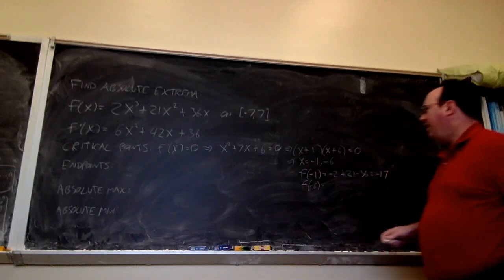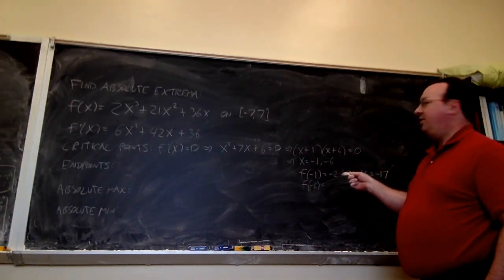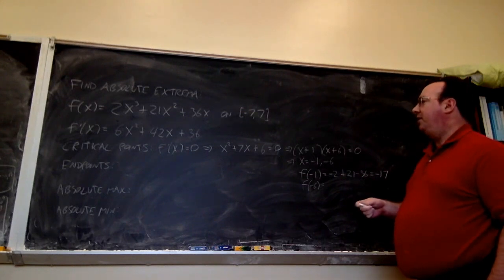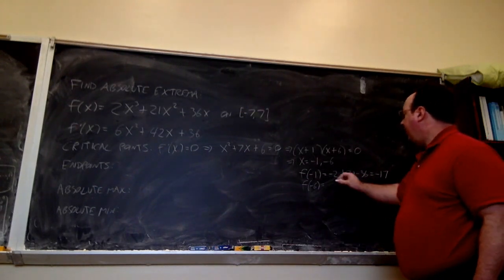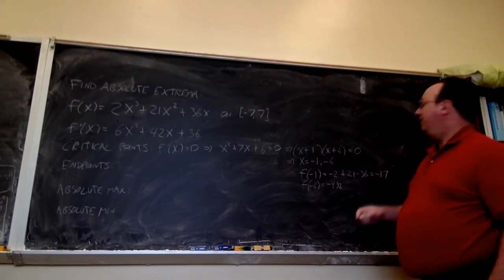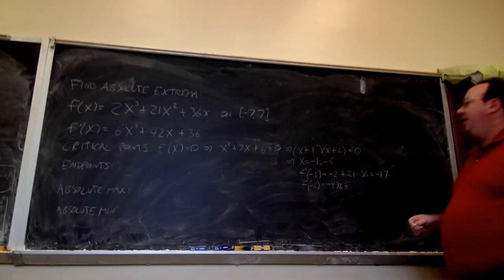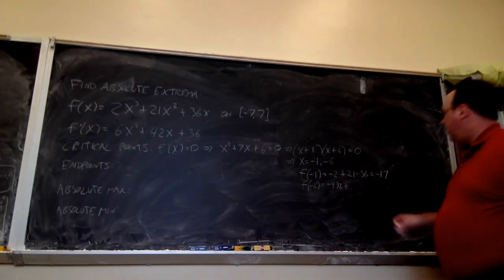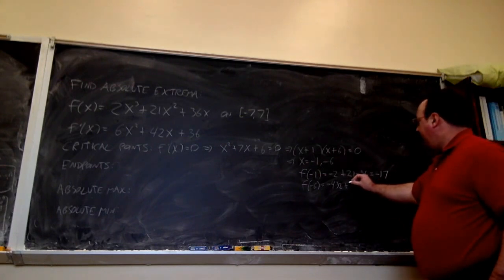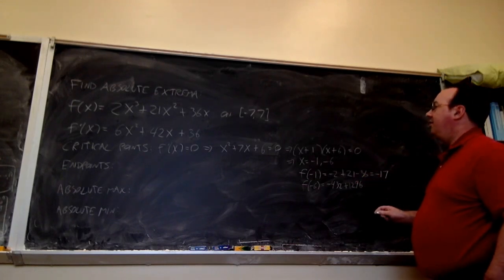And then I also substitute x equal to -6. So I have -6 cubed is equal to -216, so times 2 is -432. And then 21 times 36, so that's 216, so times 6 again is 1,296.